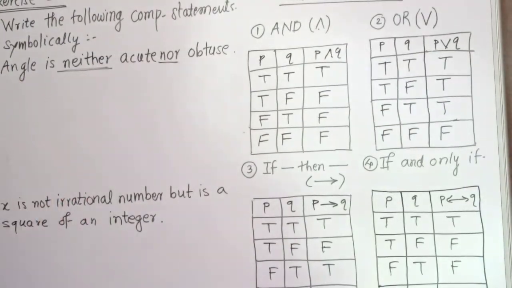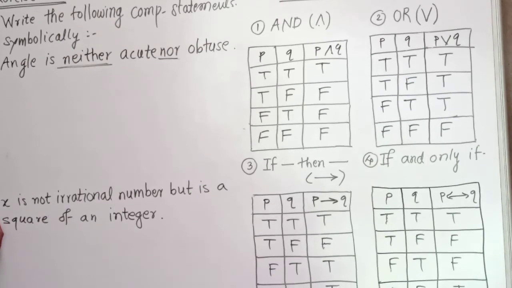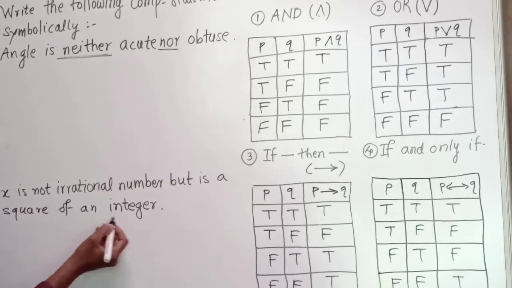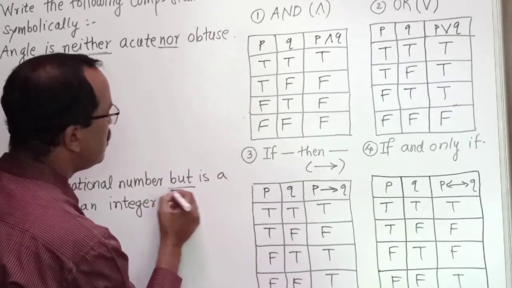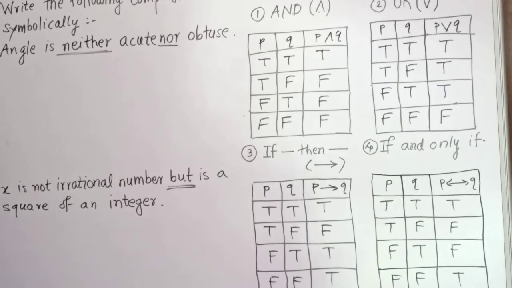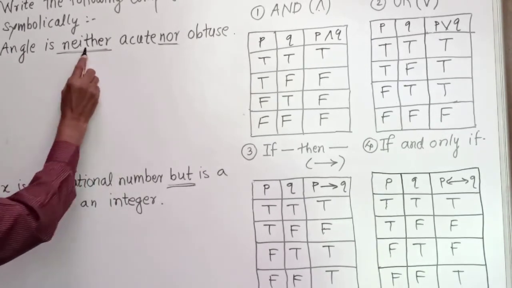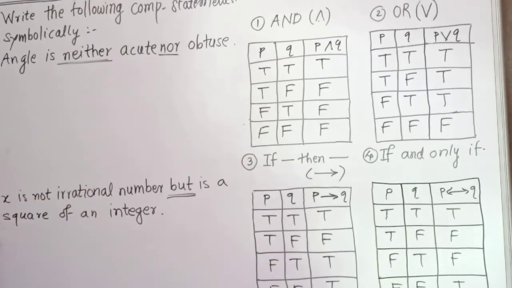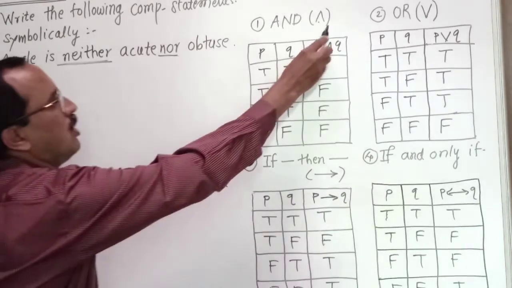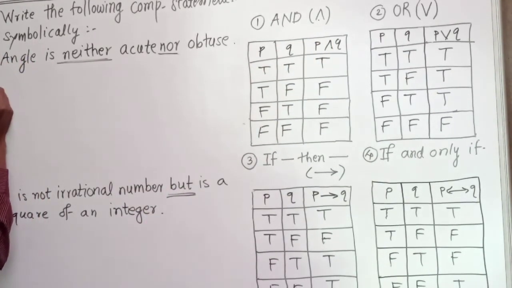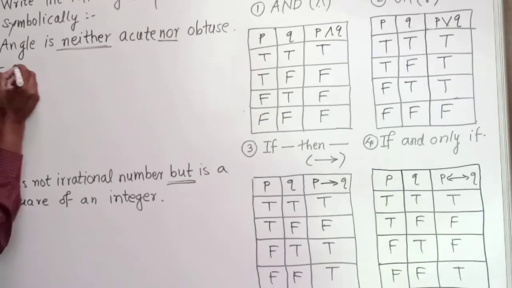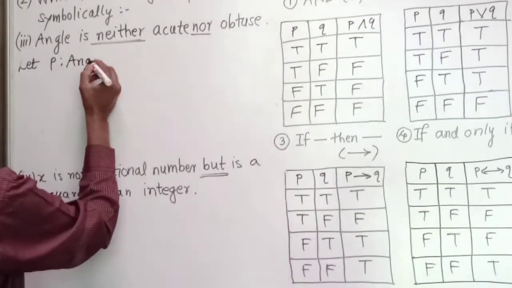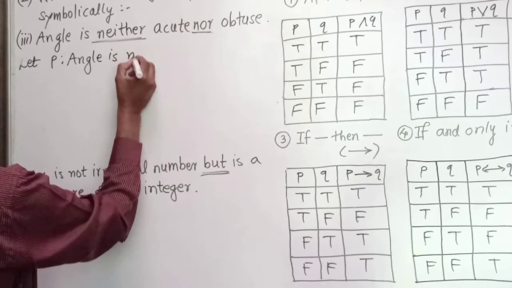The next example, example number 4, is: x is not an irrational number but is a square of an integer. Here the word is but. In verbal form, the phrase is neither nor in one and but in the other. In these two examples, we use the symbol and. So first of all, we write two separate statements. Let P be the statement that angle is not acute.